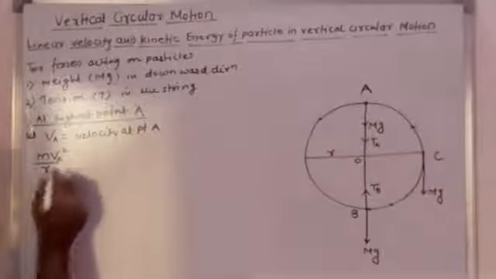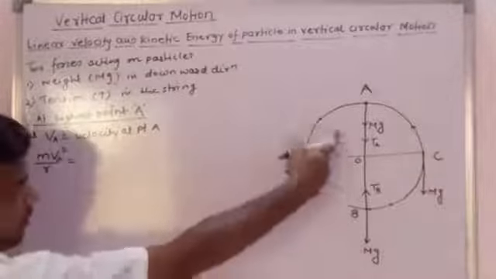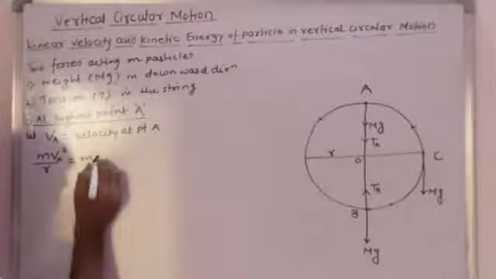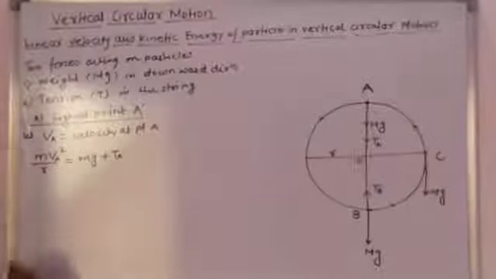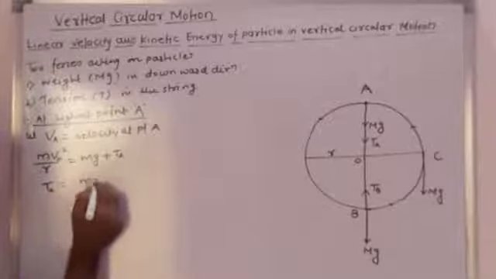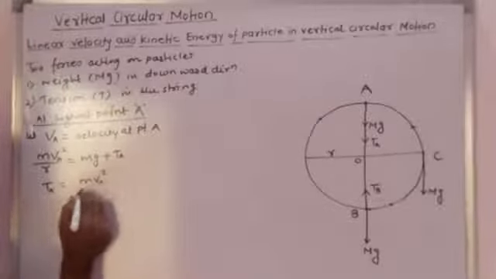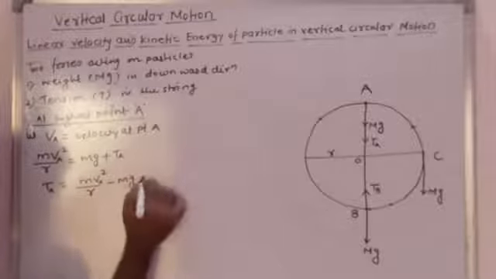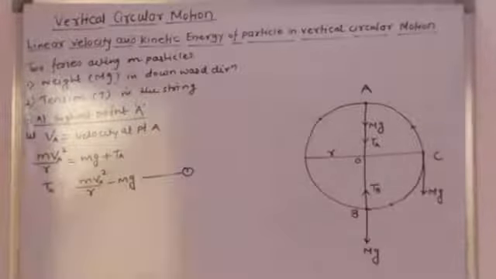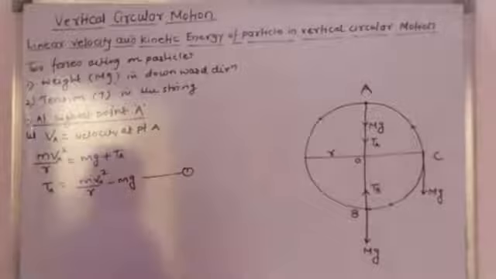This centripetal force is equal to the sum of these two forces, mg plus Ta, and therefore we can write Ta is equal to m Va square upon r minus mg. This is equation number 1, the formula for tension at point A.